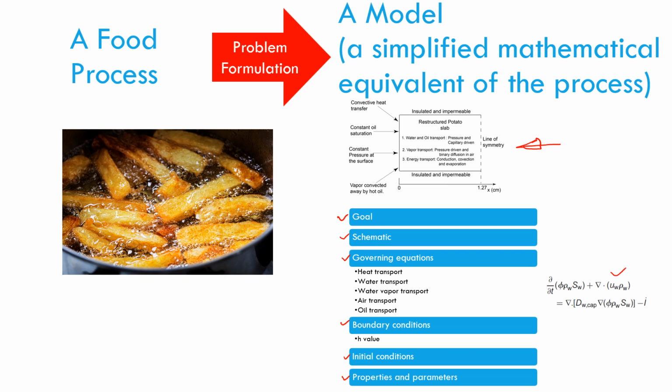So once we have defined these, then the physical process here is completely replaced by this model, and after that, we can simply work on this model on the computer, and we hope to replicate what goes on in the real world.